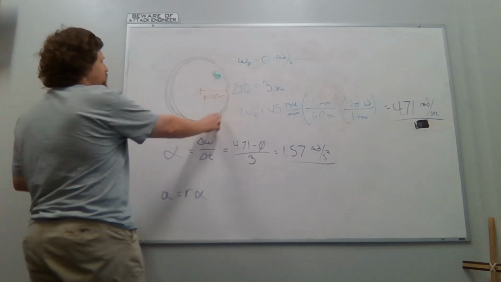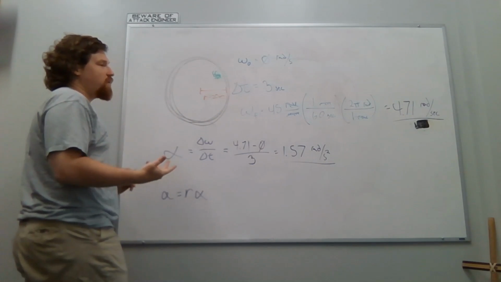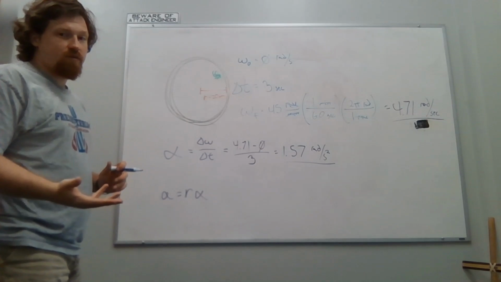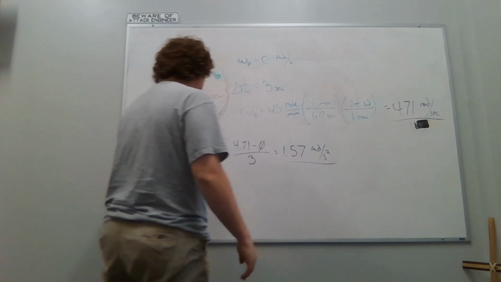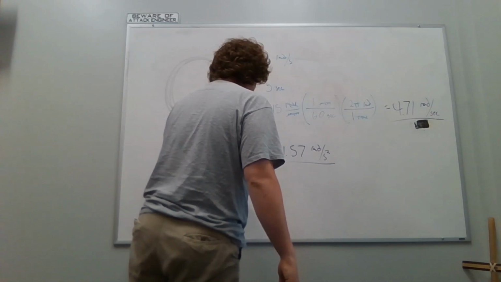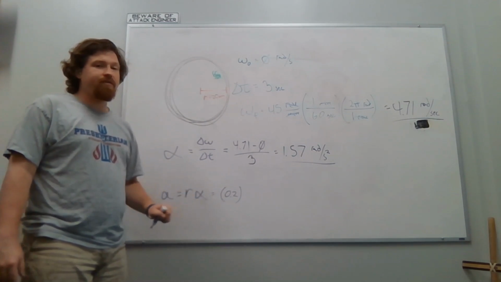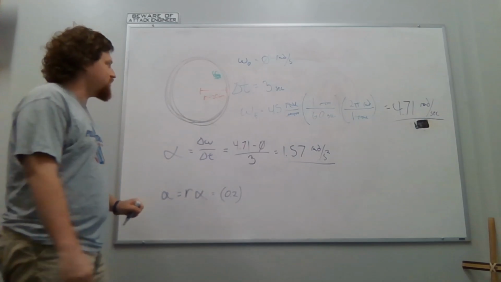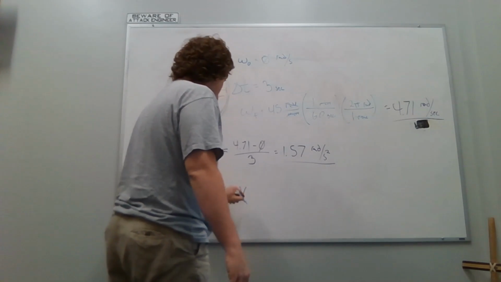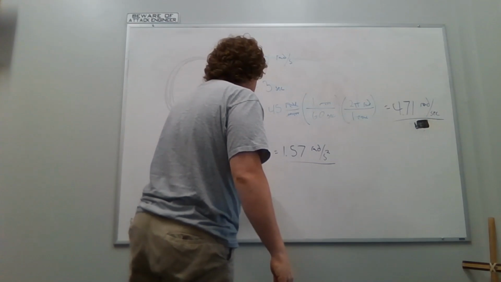So we will need to convert 20 centimeters to meters. 1 meter is equal to 100 centimeters. Therefore, to convert this radius, we're going to divide it by 100. So 20 centimeters is going to be 0.2 meters. Make sure you can do that conversion. And the angular acceleration is what we just found, 1.57.